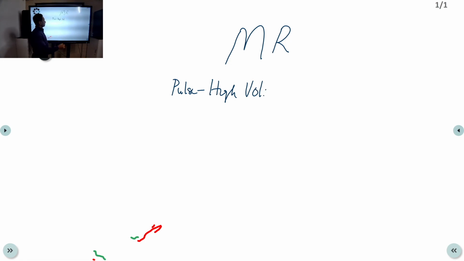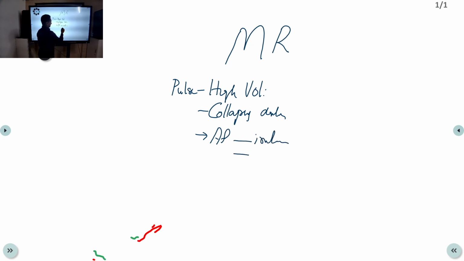Two, there can be a collapsing character to the pulse. If the patient develops atrial fibrillation, you're going to have an irregular pulse, like I mentioned in MS, with an apex pulse deficit of more than 10. Okay, so pulse we finished.